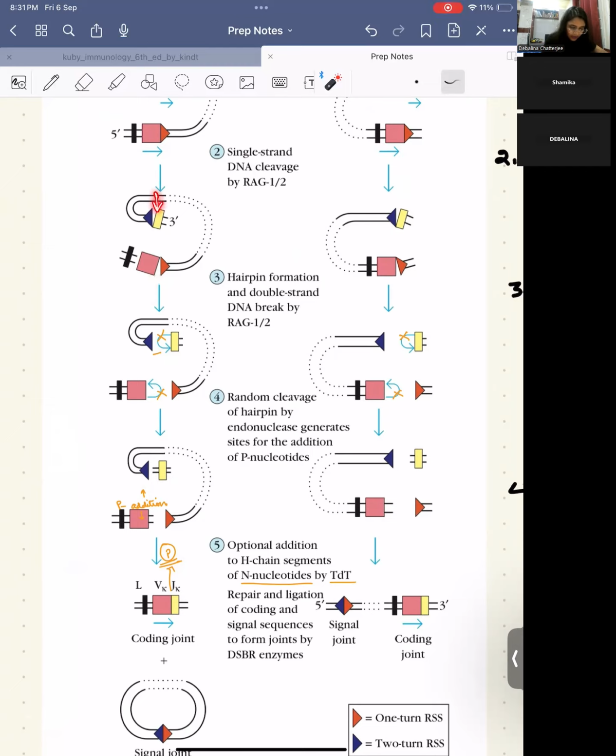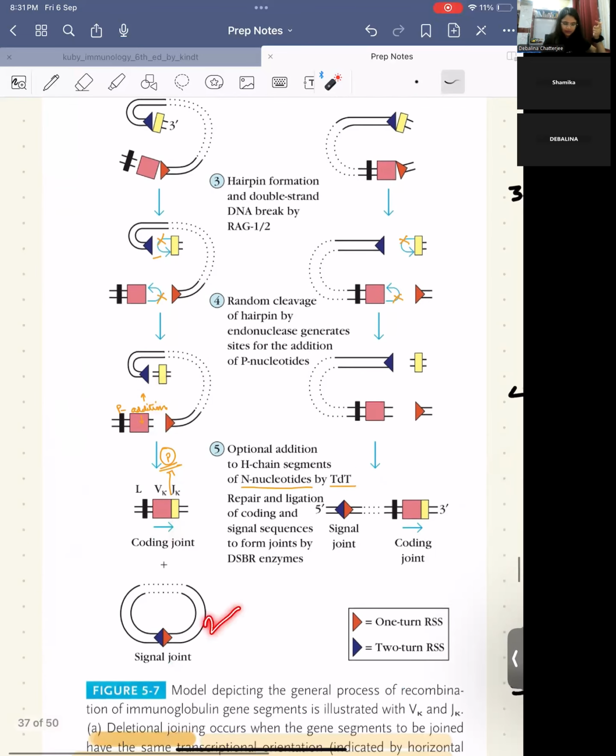It's not possible to show because I have exactly one strand in hand. But of the two, we first have one cut, another cut, P additions, and ultimately this region joins into a coding joint, and these two join together into a signal joint. So this becomes a circular molecule, and it is eventually degraded.